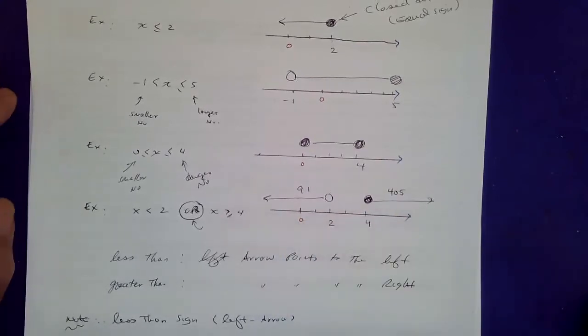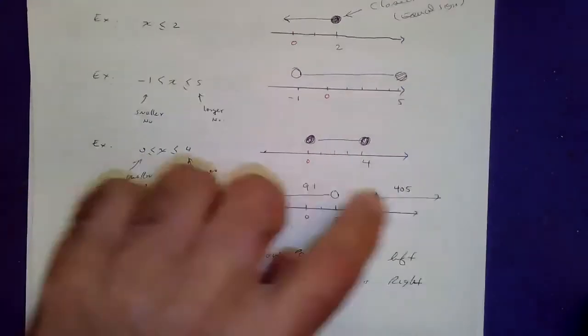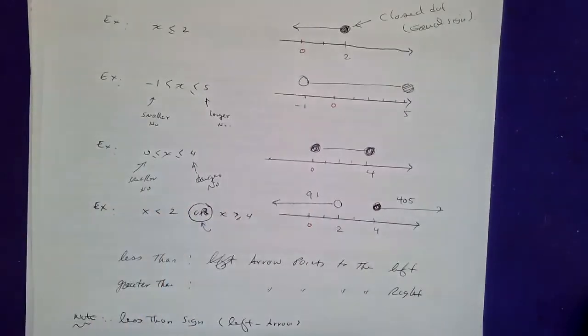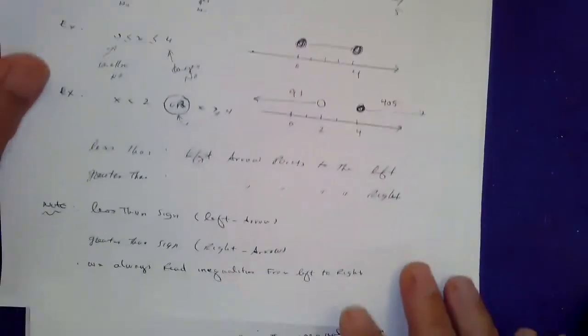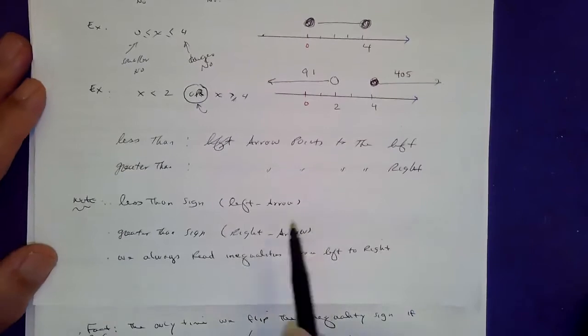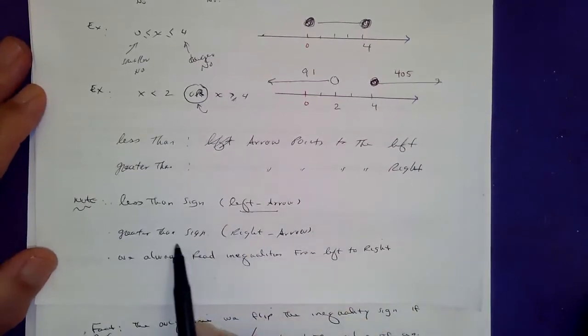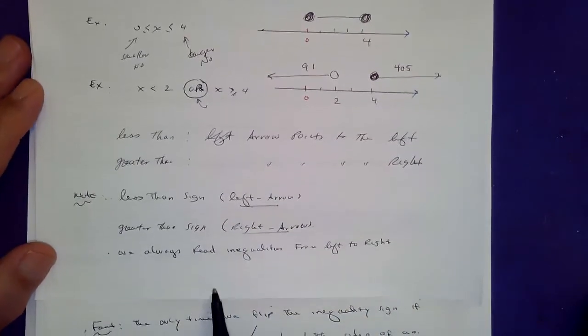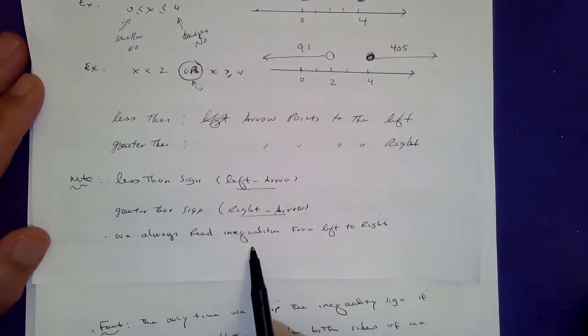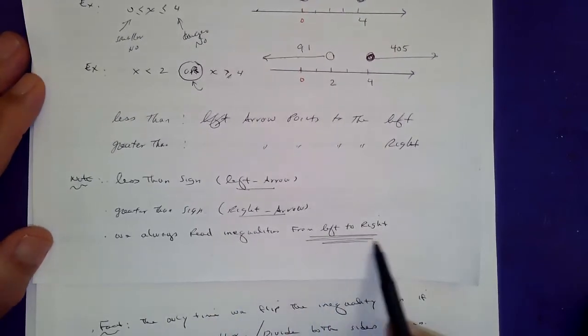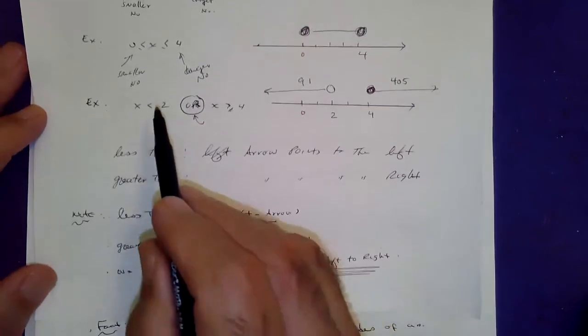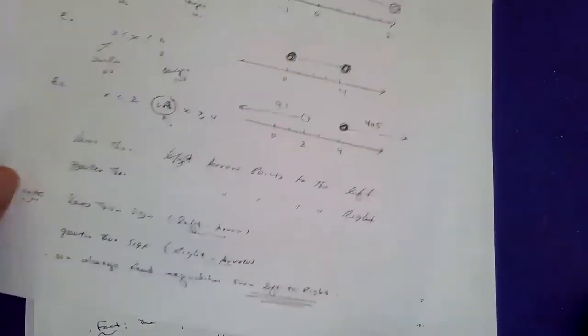You can't be on both at the same time. It's either or, but not both. You see it. So less than sign, as I said, left arrow, greater than sign, right arrow, and we always read the inequalities from left to right.